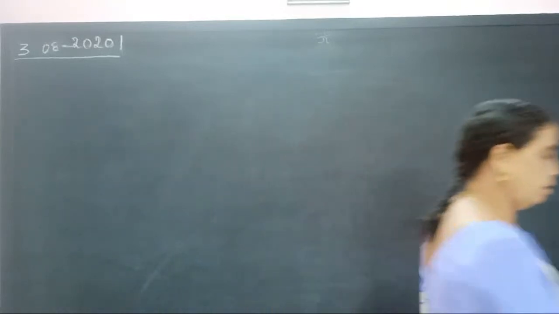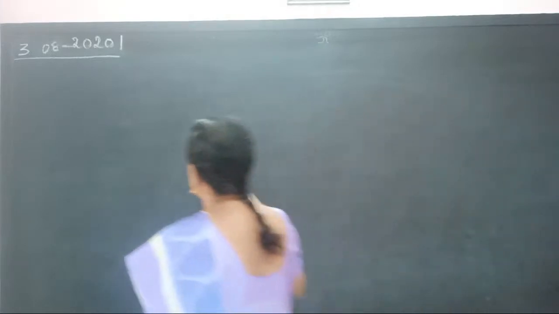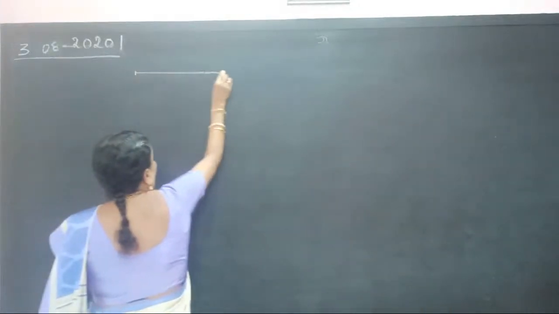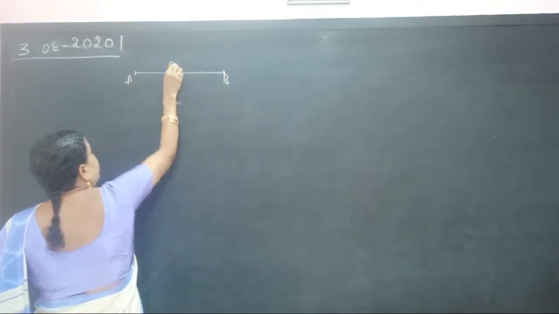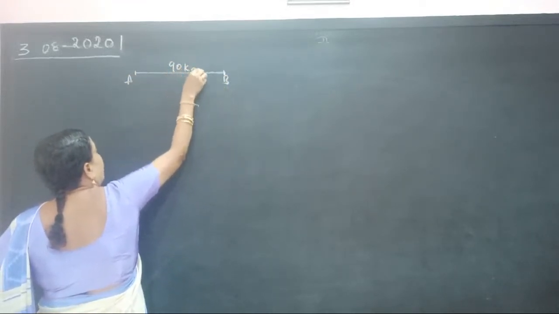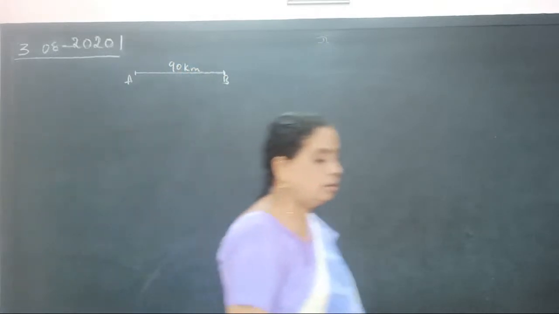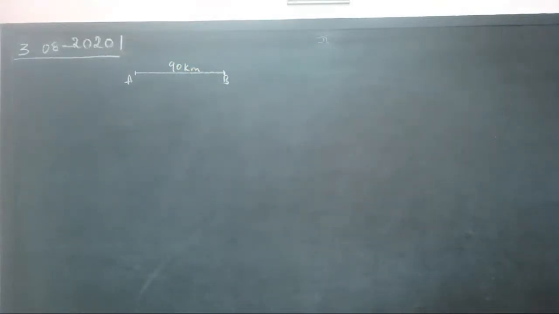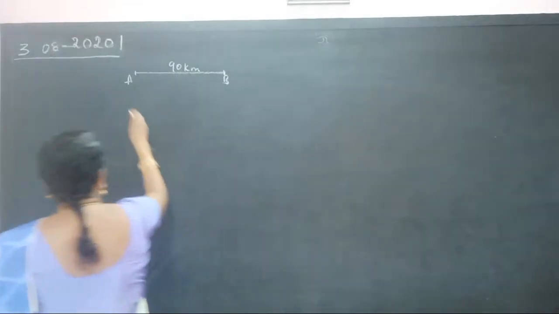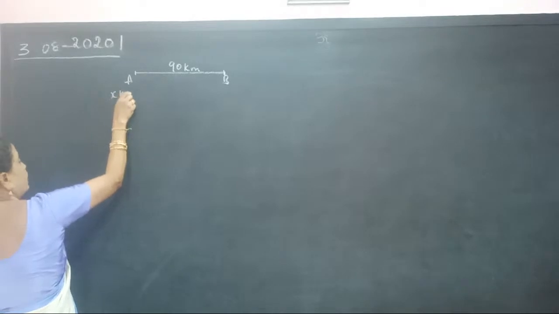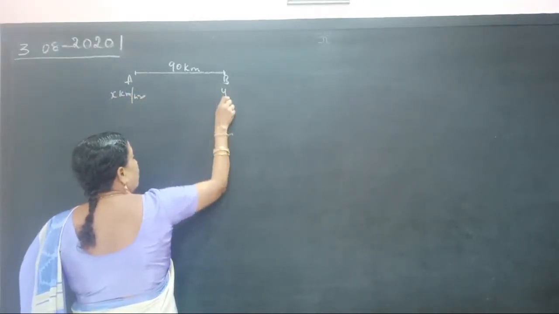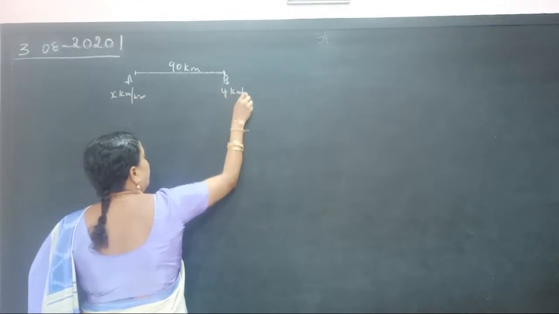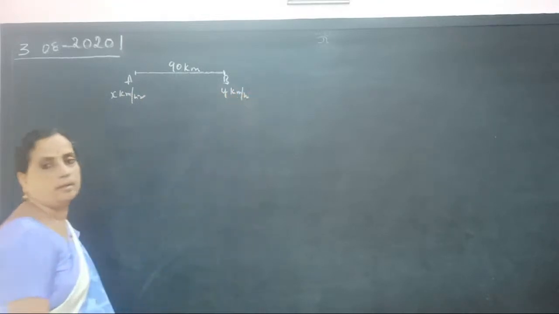So considering the first condition, A and B are 90 kilometers apart on a highway. Points A and B are 90 kilometers apart, and we consider a car at A with x kilometers per hour speed, a car at B with y kilometers per hour speed.